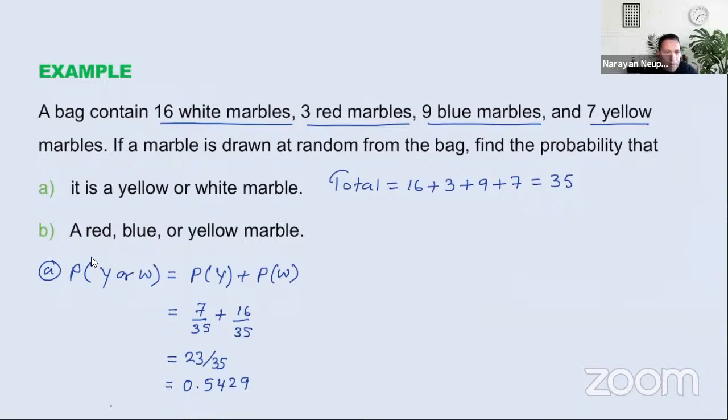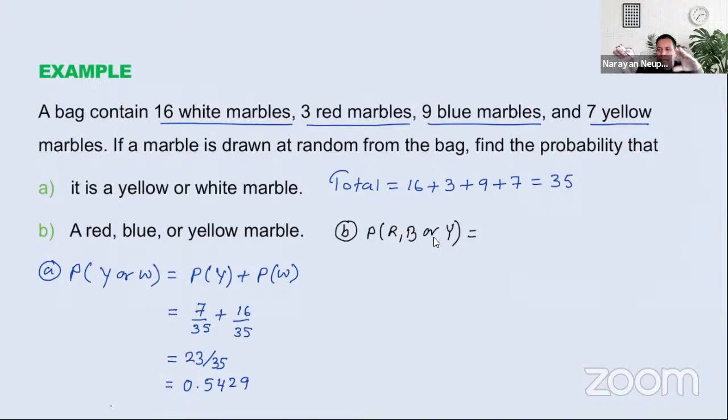Awesome. Now let's look at part B, a very similar question. If a marble is drawn at random from the bag, we have to find the probability that a red, blue, or yellow marble occurs. There is the word or there, so we use the addition rule.